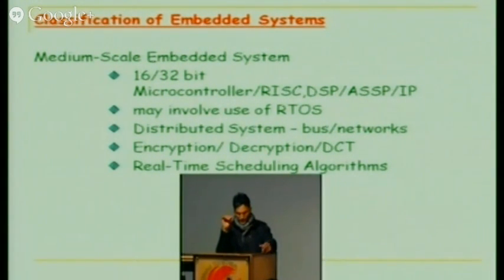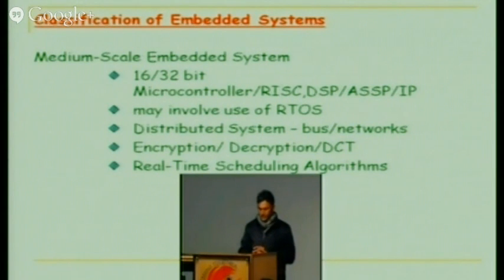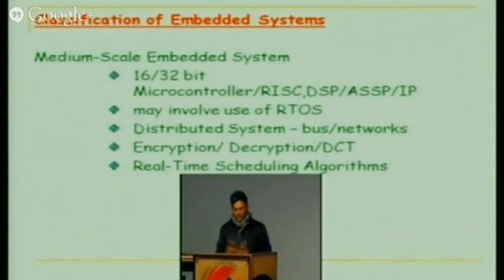I'll tell you a little bit on that also. It may or may not involve an RTOS. Then a little bit of distributed encryption can fall into this. Real-time scheduling algorithms can also be used, because once you have a higher-level family, all these possibilities with RTOS exist.